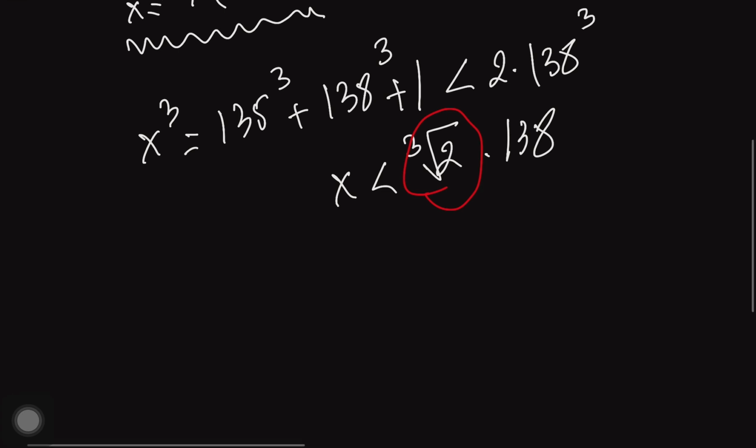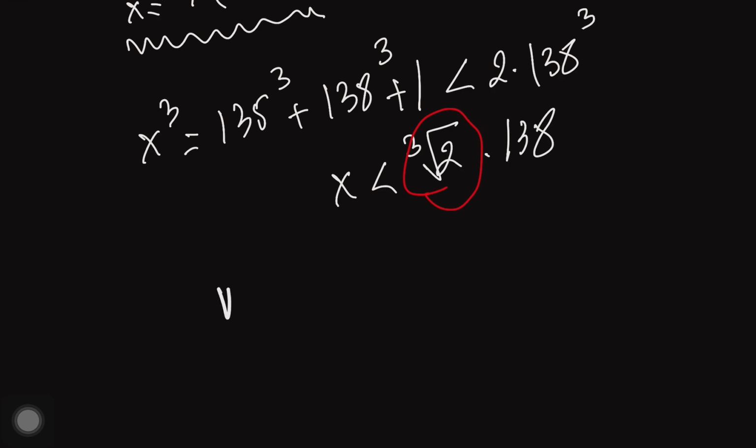What we're going to use here is Bernoulli's inequality. It's pretty obvious that the cubic root of 2 immediately reminds us of Bernoulli's inequality, which states that 1 plus a, all to the power n, is bigger than or equal to 1 plus na for a positive integer.